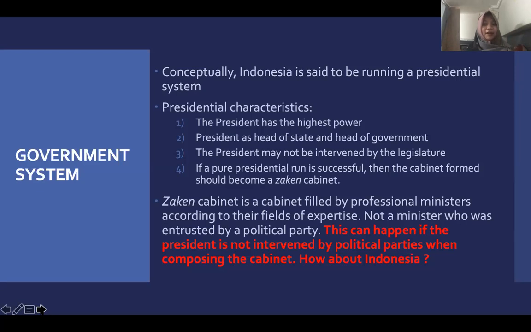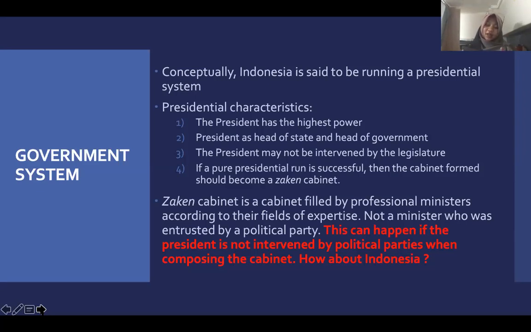This can happen if the president is not intervened by political parties when composing the cabinet. As I mentioned before, the president comes from a political party and they have a coalition, and then the president has to divide, like a cake, right?